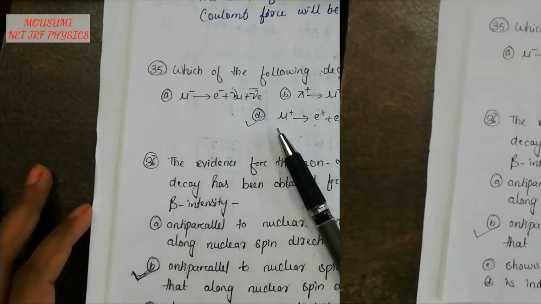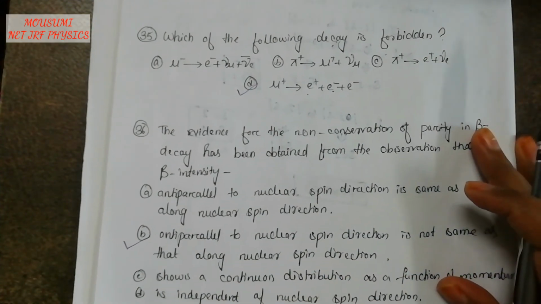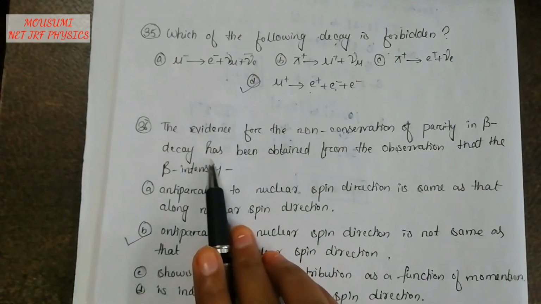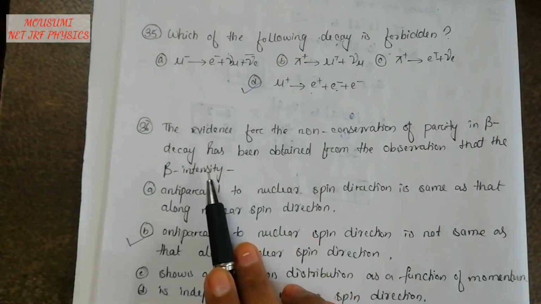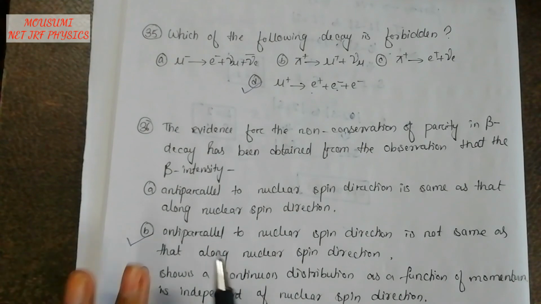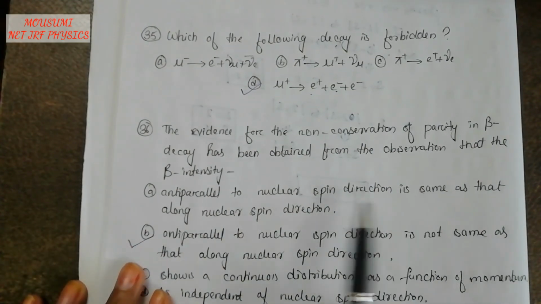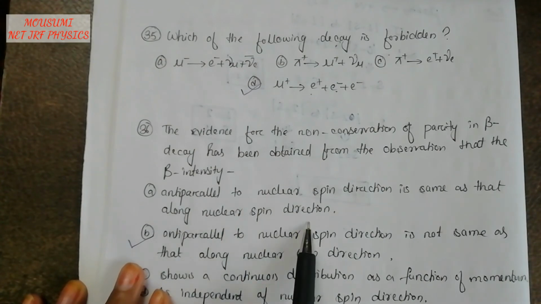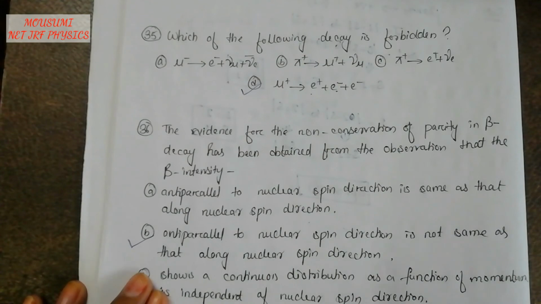So that's it. Next, we have the evidence for the non-conservation of parity in beta decay, obtained from the observation that the beta intensity anti-parallel to the nuclear spin direction is the same as that along the nuclear spin direction. The second is that the intensity anti-parallel to the nuclear spin direction is not the same as that along the nuclear spin direction.